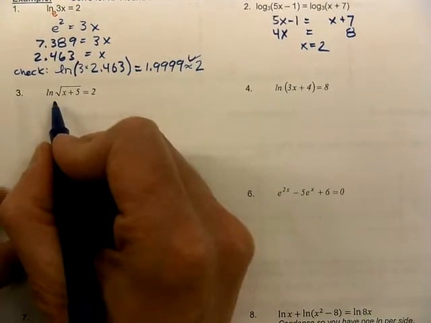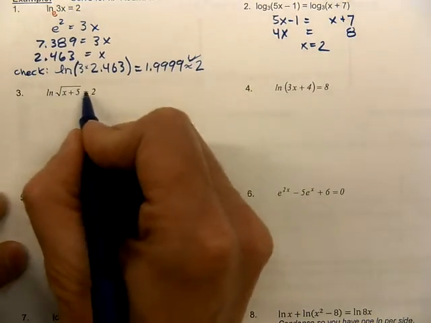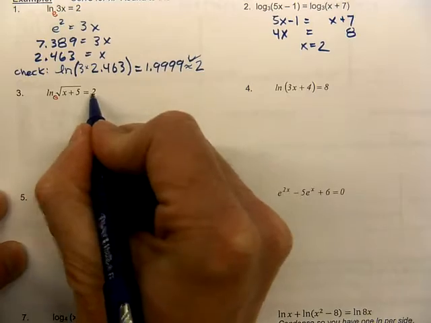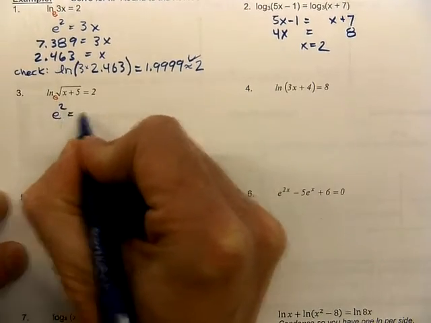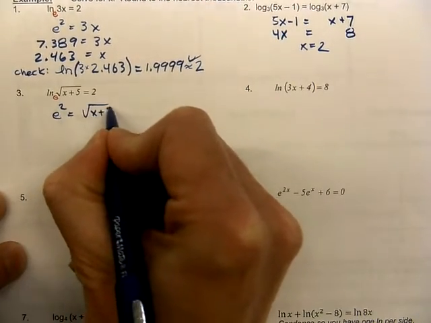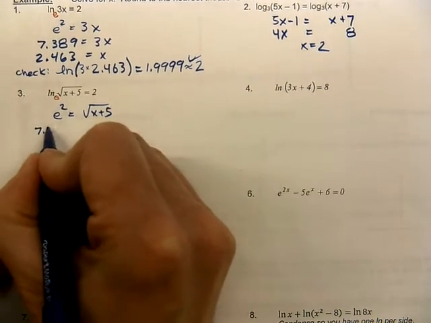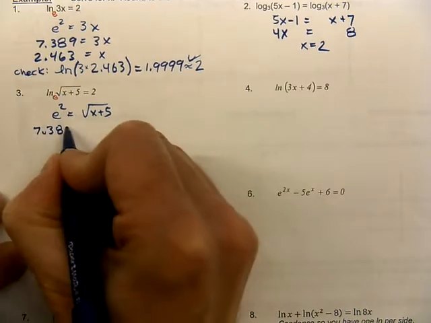Here's number 3, natural log of the root x plus 5 equals 2. Again, there's your base. So that's e to the power of 2. So e squared equals the root x plus 5. Right? We changed it to exponential form. Again, we'll get this decimal value, 7.389.